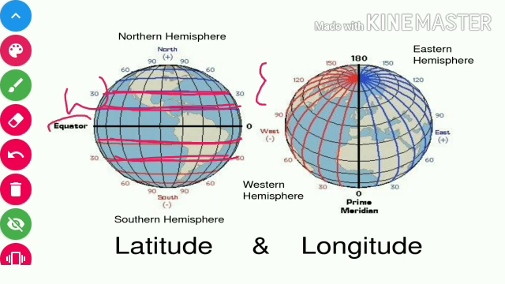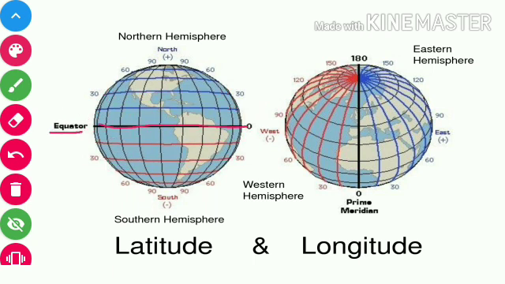This is the equator. Their size decreases when you move towards the North Pole or South Pole. See, these lines gradually decrease in size when you move towards the poles.